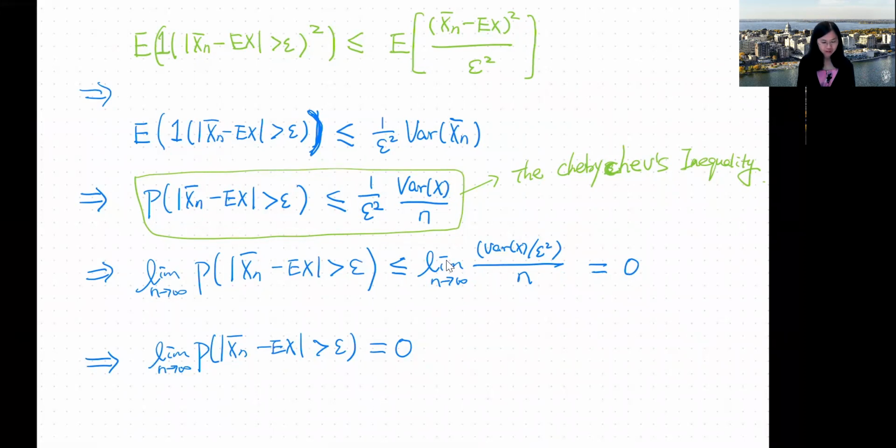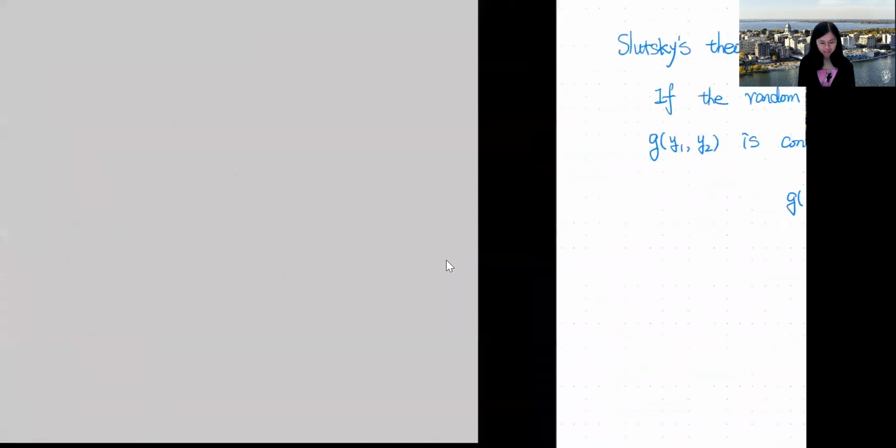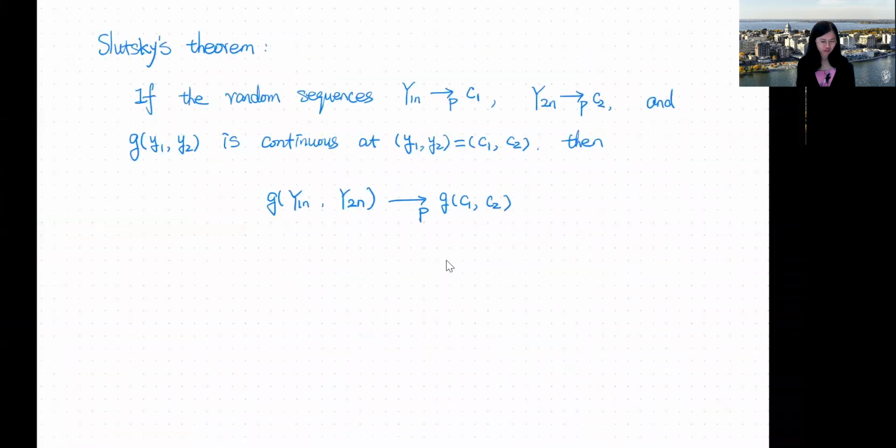All right, so that's the law of large numbers. Let's consider some applications of the law of large numbers. In order to apply the law of large numbers to prove consistency of various estimators, we're going to need a different result. That's called Slutsky's theorem. Slutsky's theorem is as follows.